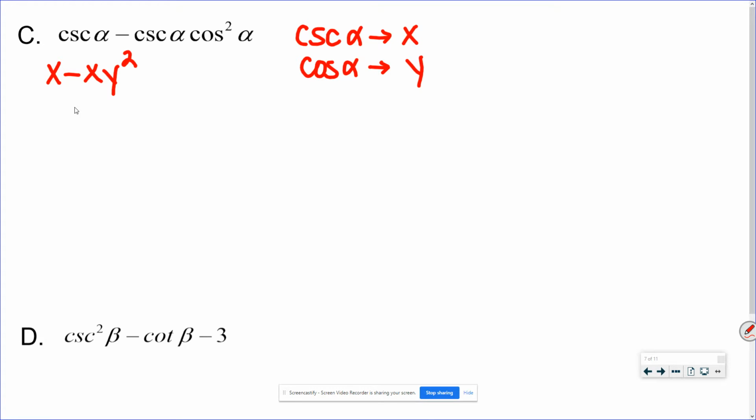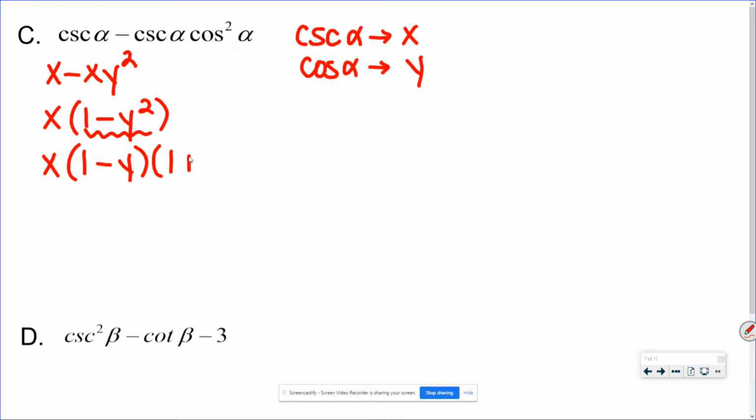And the directions, remember, were to factor. So we are going to factor. We can take an x out of each term. And we can also factor this parentheses because that's a difference of squares. So that would be 1 minus y times 1 plus y. So that's all your factoring work completed.